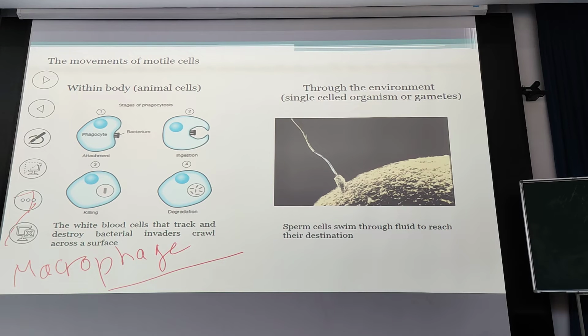They can eat materials by changing shape. And the only cell that has a flagellum inside our bodies is the sperm cell. The movement of the sperm cells needs the help of the cytoskeleton. Actually, the structure of the flagellum of the sperm cell is the cytoskeleton also.